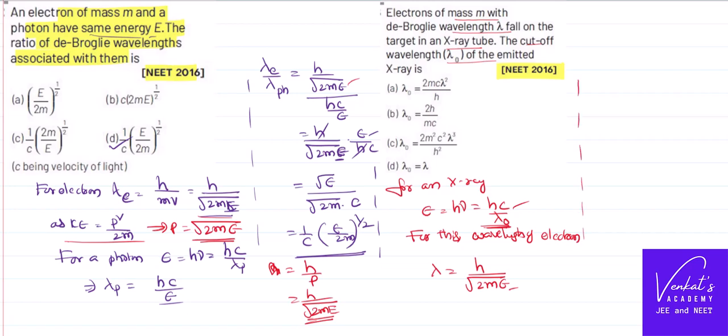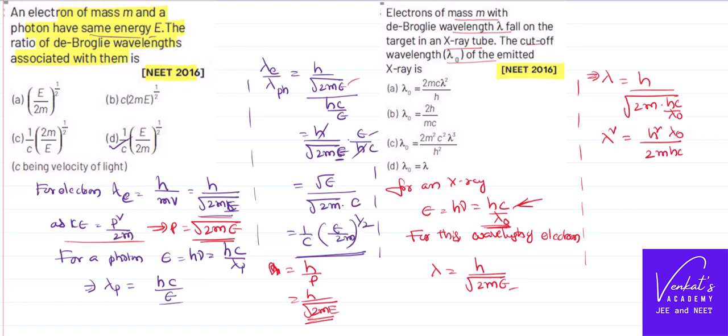So what happens to that value? It implies lambda equals h by root 2m, in the place of energy hc by lambda naught. So let us square this equation. Lambda square equals h square by 2m times hc by lambda naught.